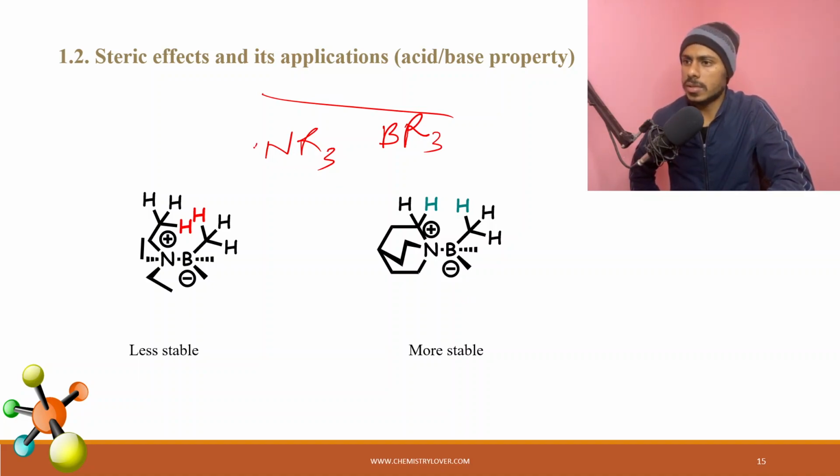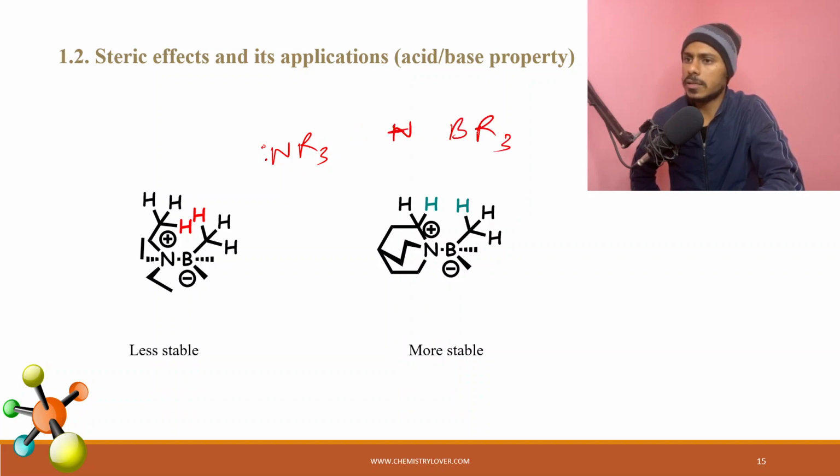This amine is our Lewis base, and this BR3 is our Lewis acid because it has a vacant orbital. Now they will form an adduct.